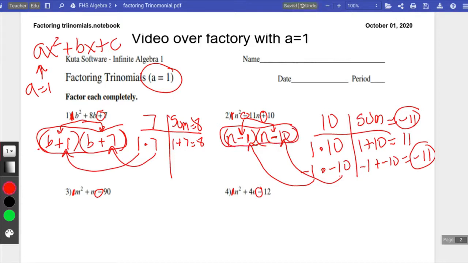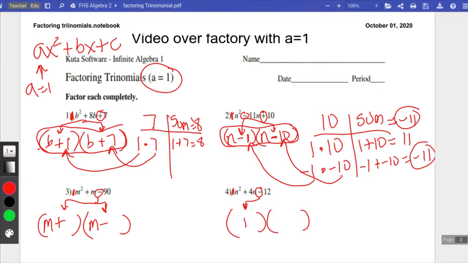Let's go to number 3. Now that we have a negative, it only means that you will have 2 different signs, a plus and a minus. Don't forget we did it with letter m, same deal here. The rest of the process is still the same thing.